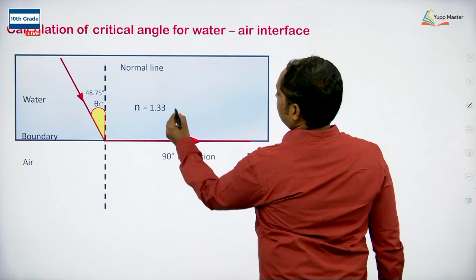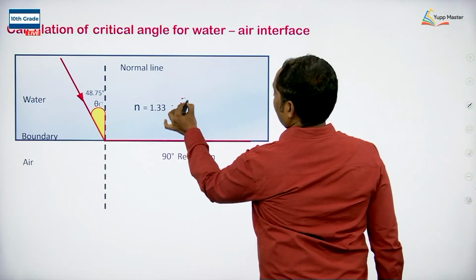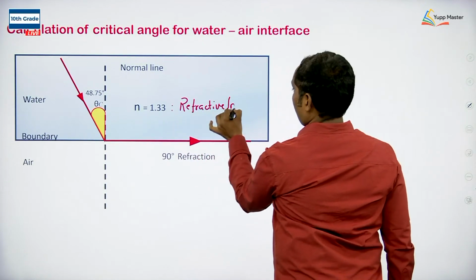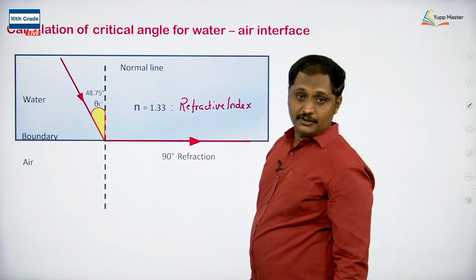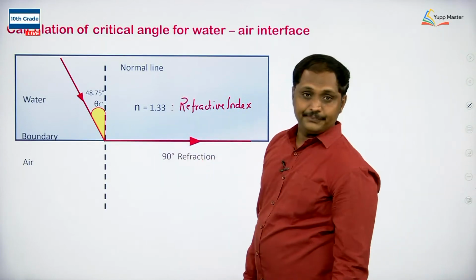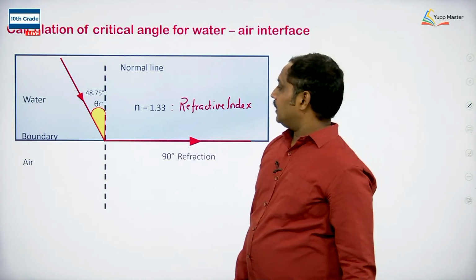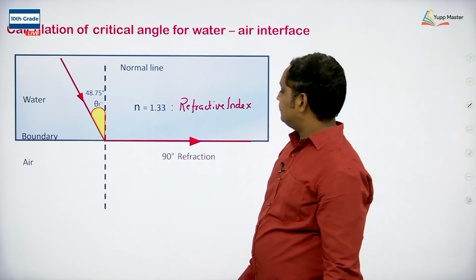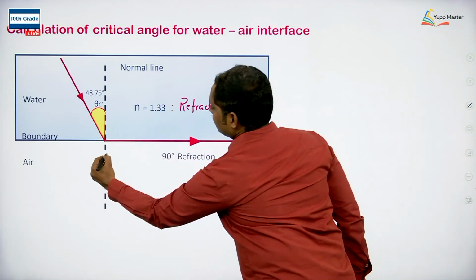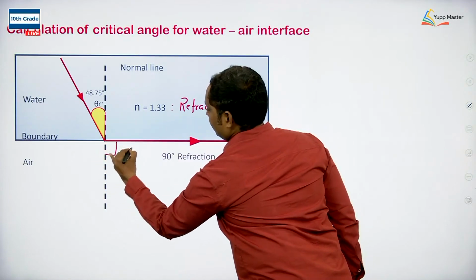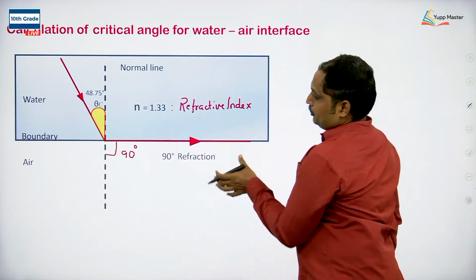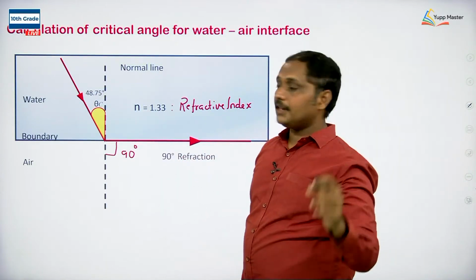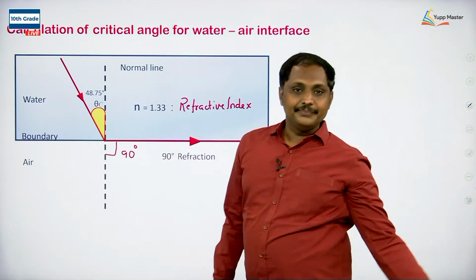This is the refractive index, given as n, which might also be represented as mu. Theta c is the critical angle. With respect to the normal, the refraction is 90 degrees. Then only you will confirm the incident light ray has been incident at the critical angle.